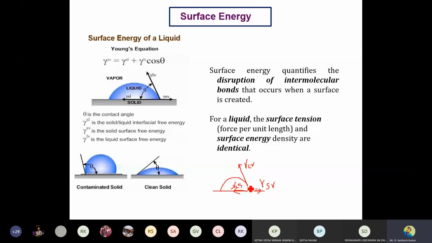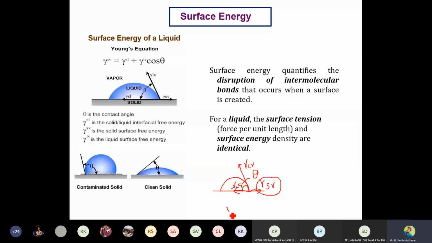And this is theta, simply called the contact angle. This theta is the parameter that explains whether the liquid will easily spread over the surface or not. Once we equate the forces, the surface energy of solid vapor will balance these two forces.